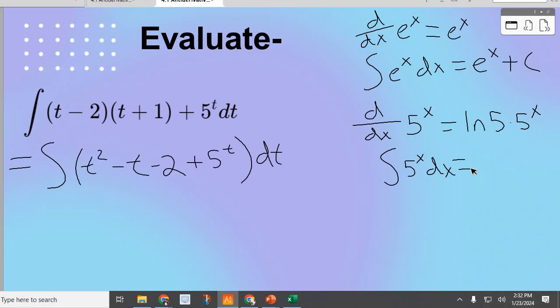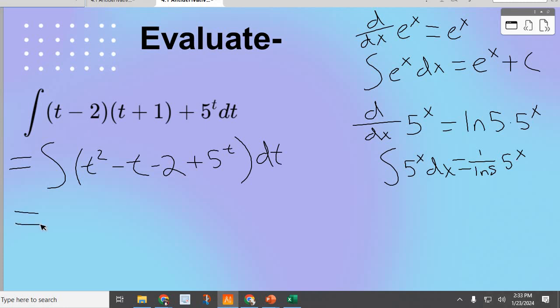If this is multiplication, I would divide, right? So in other words, the derivative of 1 divided by the natural log of 5 times 5 to the x would just give me 5 to the x. So when I go backwards, we are going to have to divide by a natural log this time instead.